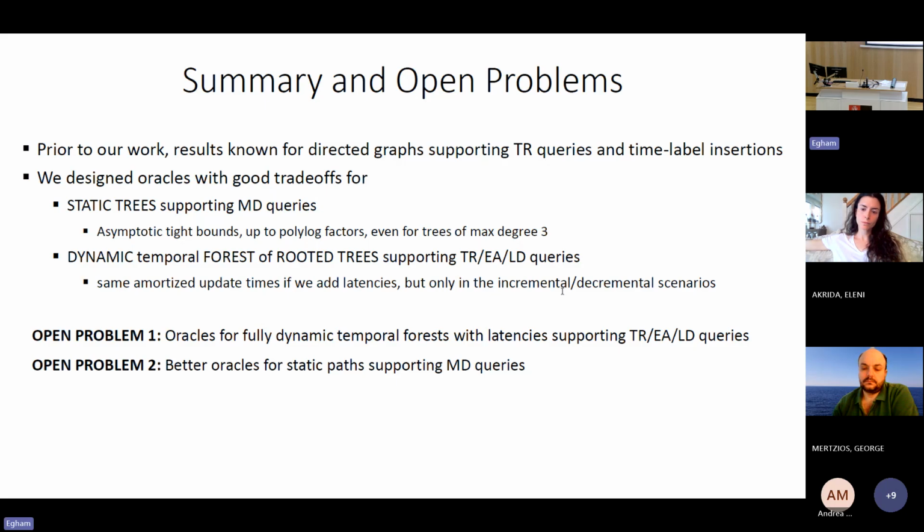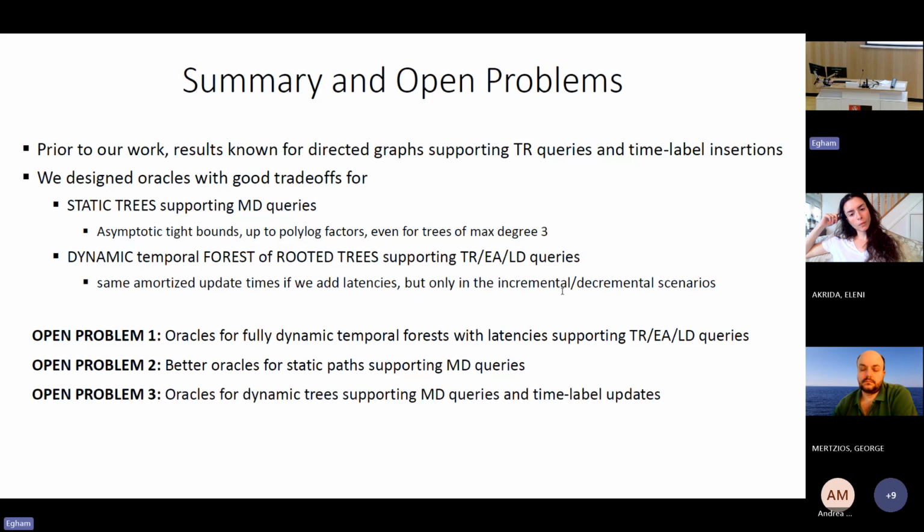If you find this problem a little bit difficult, you can try a problem that appears simple, but is not that simple. So consider a path that is static, and we want to design an oracle that supports minimum duration queries. And the question is whether it is possible to obtain better trade-offs than the ones we proved for trees. Because for static paths, we don't know whether the bounds we provided are tight or not.